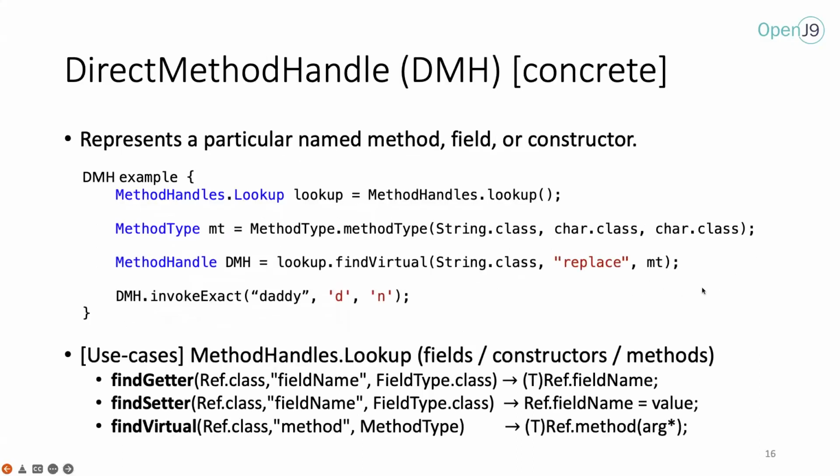So first, let's go into the direct method handle. Direct method handles are representations of a particular named method, field, or constructor.